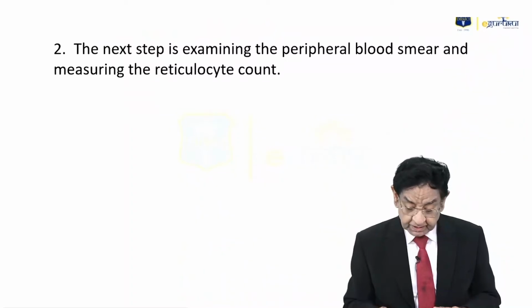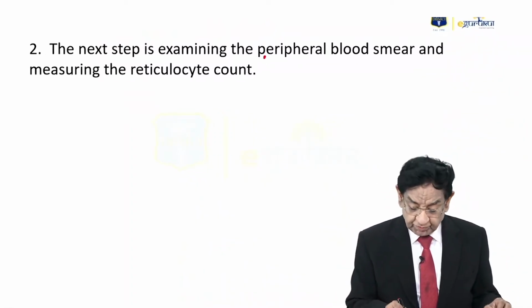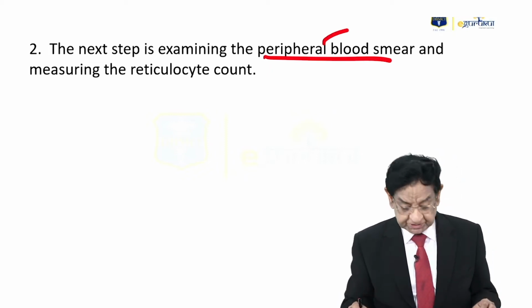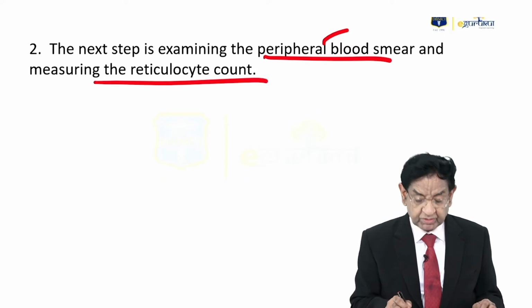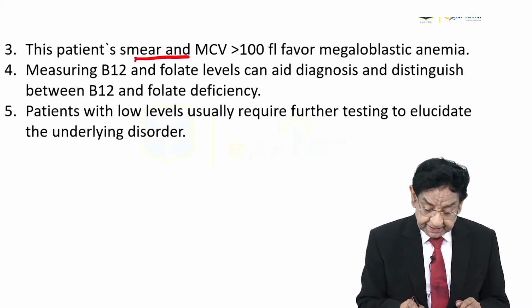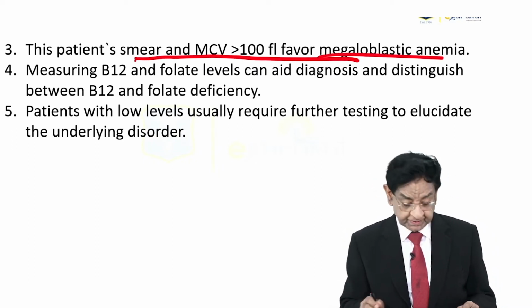So the next step in the management is to look at the peripheral blood film, and in this we see macrocytes, which is already mentioned. And reticulocyte count is reduced in our case. Patient smear and MCV more than 100 favors megaloblastic anemia.